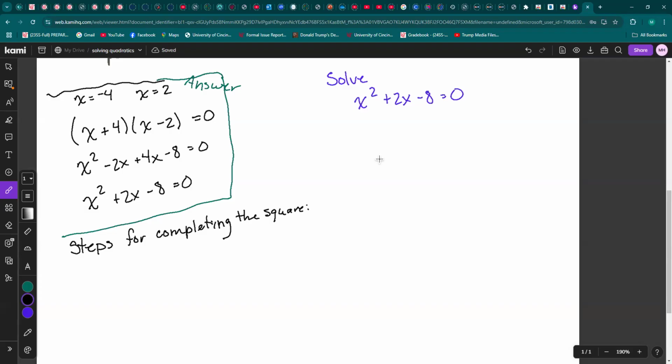Now, there's going to be a few different ways people do this, but my way, when I'm starting this, is step 1, get the x terms on one side, plain old numbers, constants, on the other.